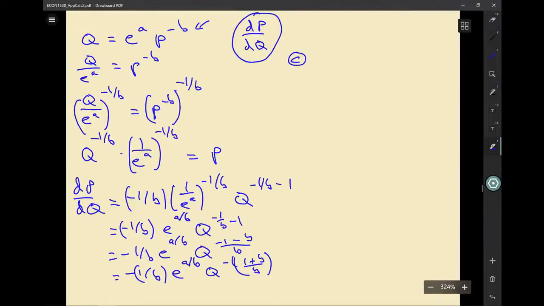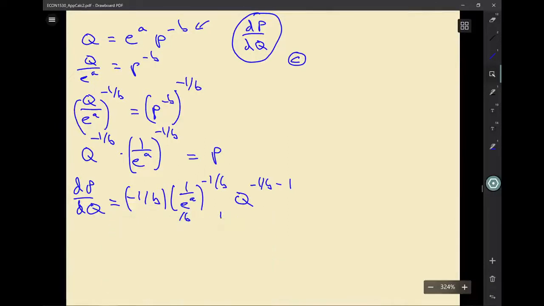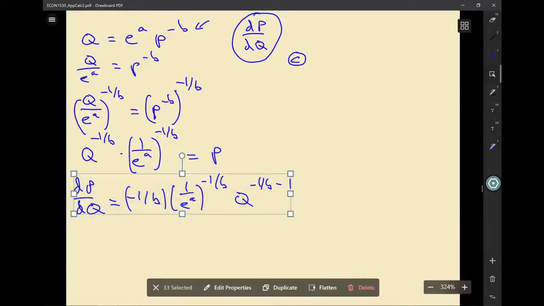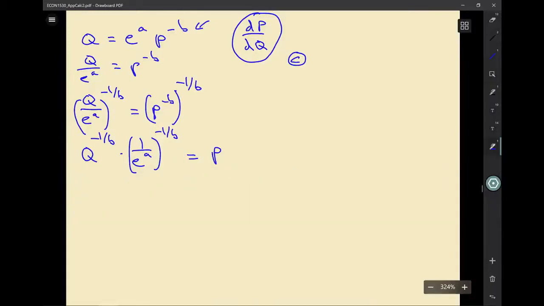Now, going back to where we were, if we want to show that, I have to kind of undo some of what I've done. So let me delete a lot of what we've got down there. And let's go back to where we took the derivative of P with respect to Q. So maybe we can even do it again. And if you don't want to see it again, you can fast forward.